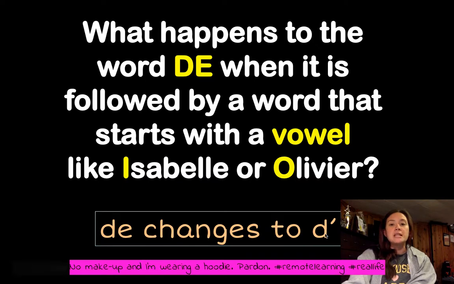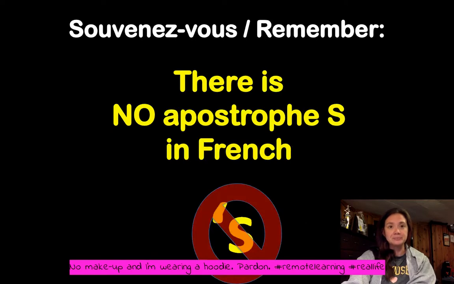So for pronunciation reasons, they change this de and they drop that e. A similar example would be like with j'ai, like I have, you say j apostrophe ai versus je and then ai. There are lots of other examples. I'm sure you guys can think of them.